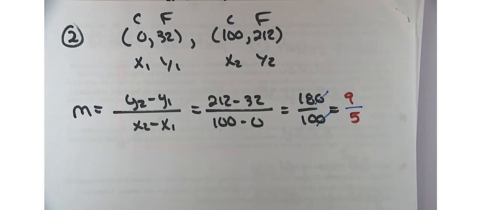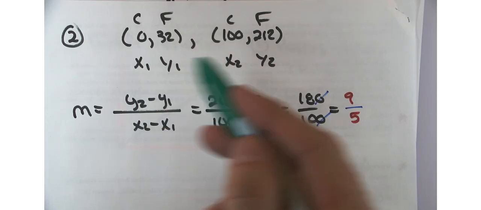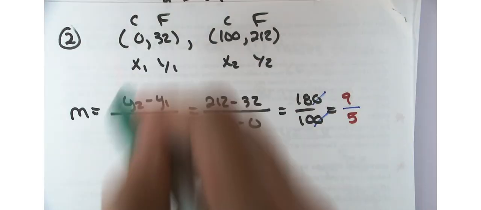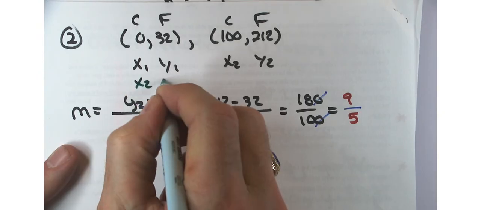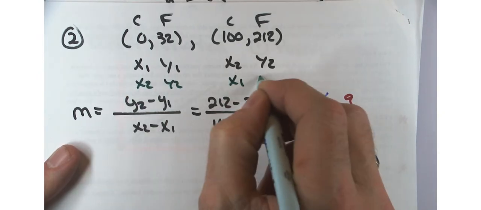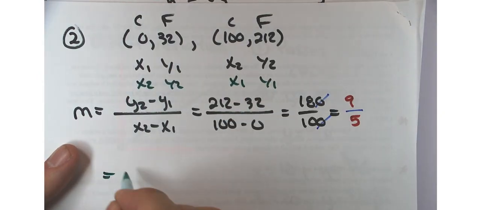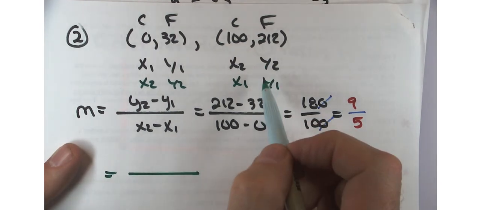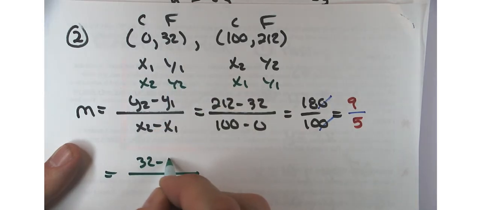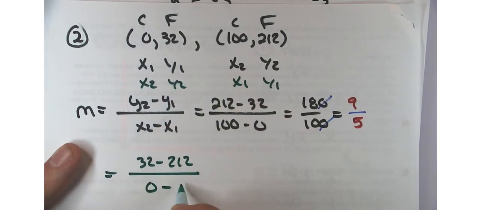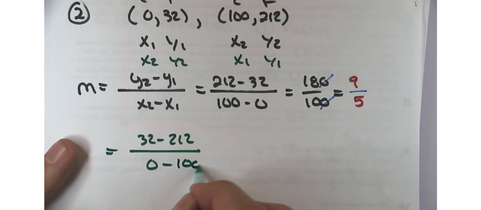What if you're worried that I mixed those up? What if I did this was my x1, y1, and this is my x2, y2? Okay, let's try it that way. x2, y2, x1, y1. Let's calculate the slope this time. It's going to be 32 minus 212 over 0 minus 100.